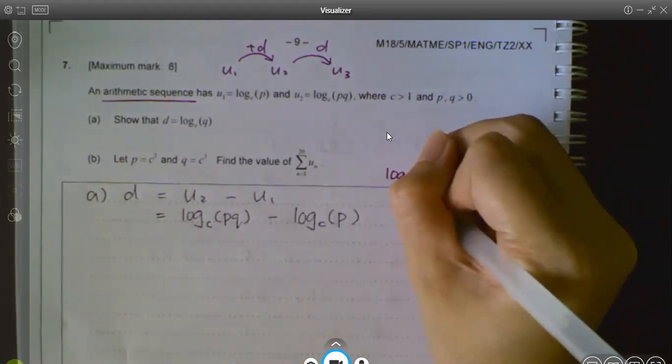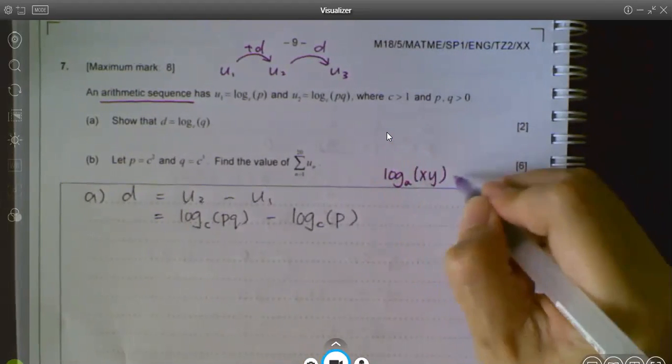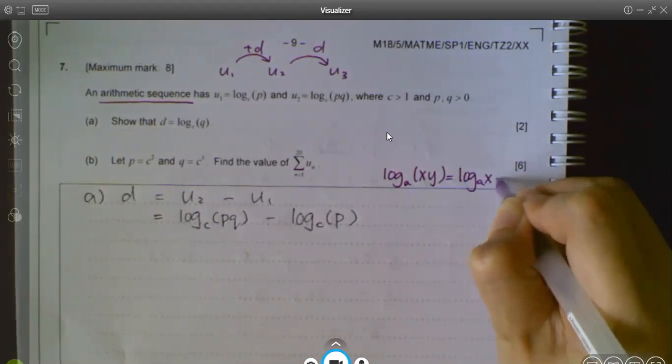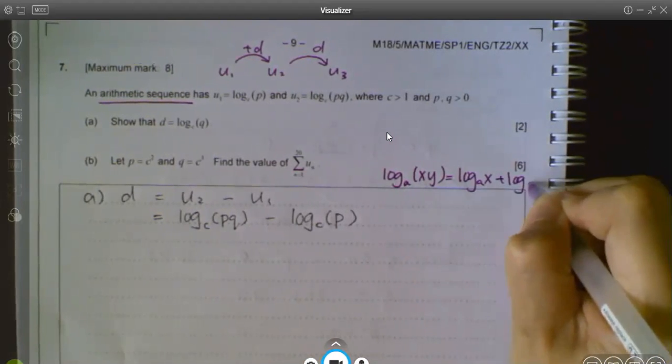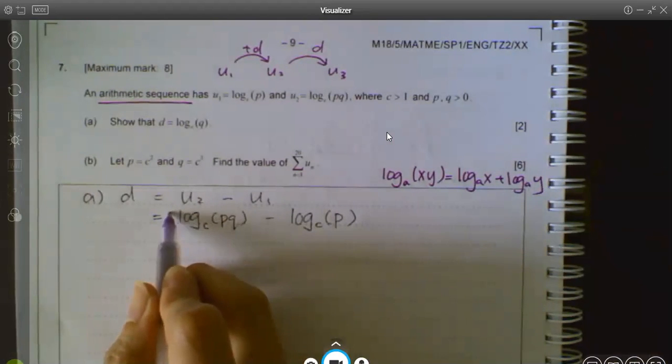So if you have logarithm of base a of x times y, the law says that you can split them up, maintaining the same base by adding these two logarithmic expressions. So I'm going to use that on this first part.